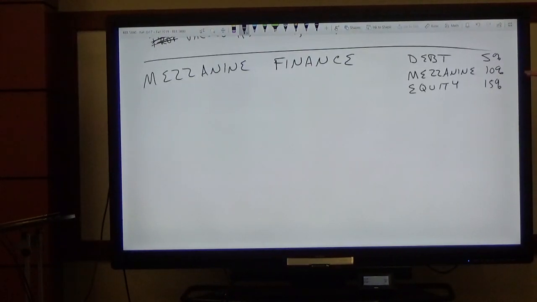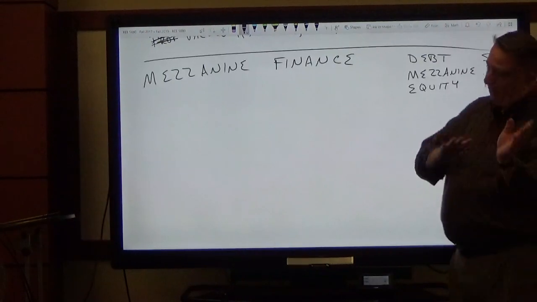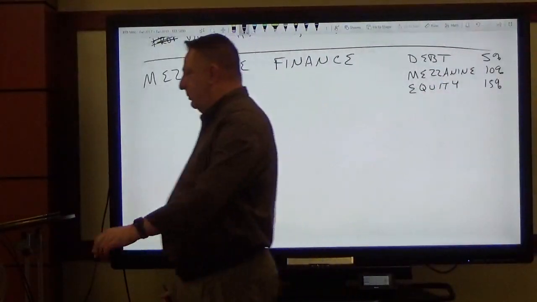Whereas the mezzanine players tend to be a bit more involved in the deal structure, in the transactions, in decisions of any significant basis they want to get involved with, and usually want to have a say in what actually takes place. But here's part of the reason why that tends to be the case.